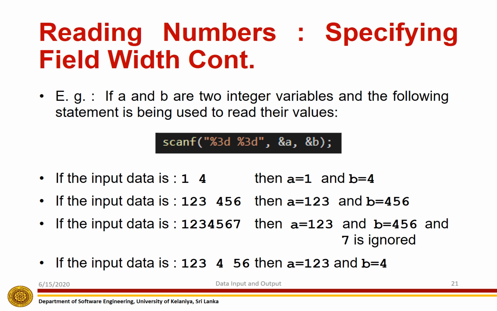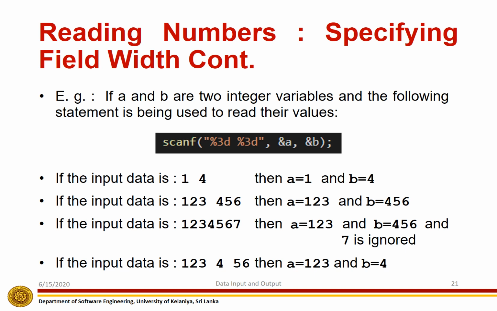If the input data is 1 space 4, then a will be assigned 1 and b will be assigned 4. If the input data is 123 space 456, then a is equal to 123 and b is equal to 456, because 3 characters can be stored.